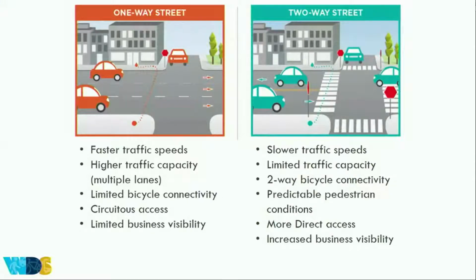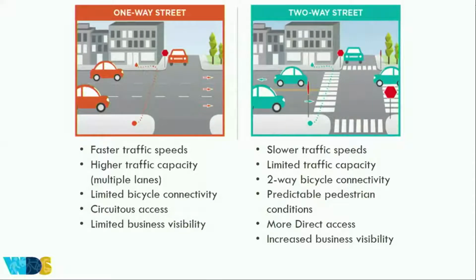Now, a two-way street, the disadvantage is that in some cases it doesn't move as much traffic, but a big advantage is that the traffic moves slower, and by moving slower, it creates a safer environment. The other thing too is that it's better for bicycle connectivity and for motor vehicle driving because it gets you to your destination more directly.